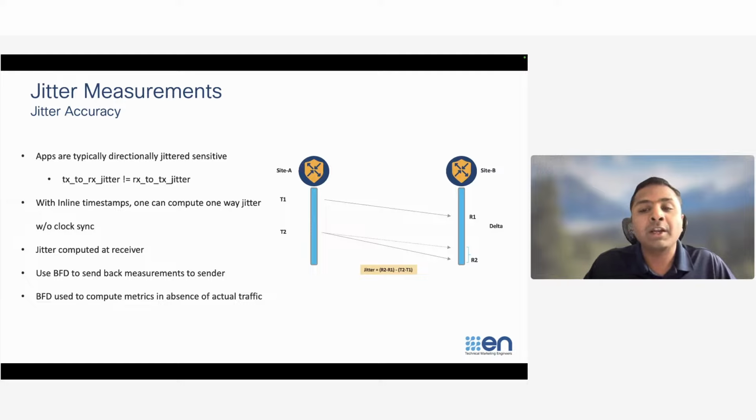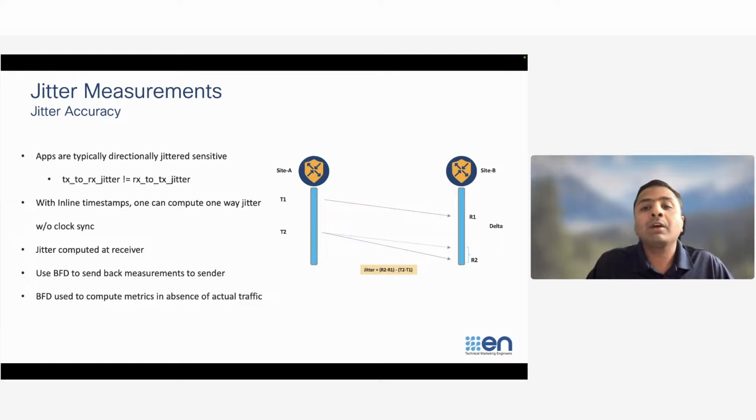We use the inline data packets with sampling and timestamps. And when the jitter is computed at site B, it is sent to the site A SD-WAN edge device using BFD. Now, in the absence of actual data traffic, again, we have BFD running. We will use the BFD based measurements for jitter computation.